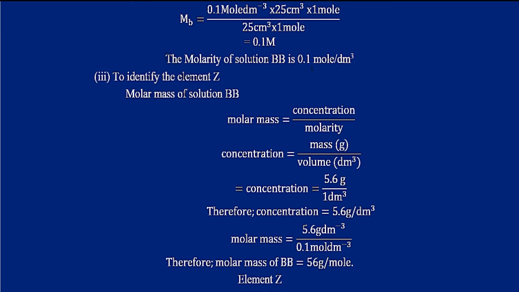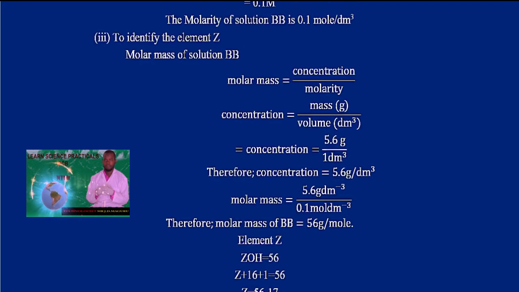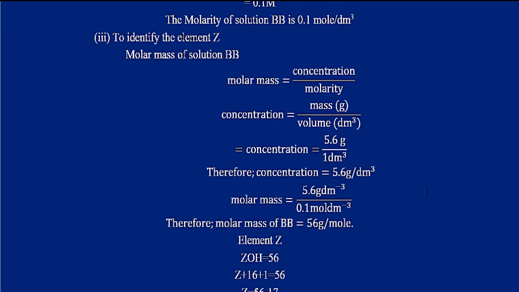According to our data, 5.6 g was dissolved in 1 dm cubed. The concentration is mass over volume, so calculate the concentration first, then put it in this formula. Our data is here. Then the molar mass is 56 grams per mole. I remind you, the unit is very important. So element Z is calculated in that way.